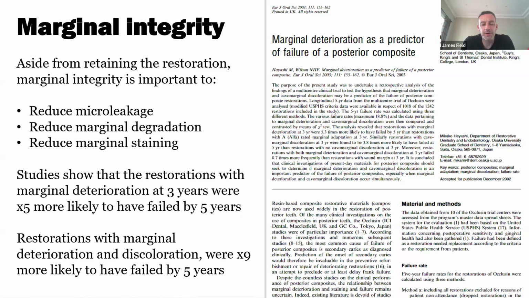But yes, you need a marginal seal. You need to retain the restoration in place. But the degree to which you optimize the marginal integrity is an indicator for so many other things to do with that restoration. Micro leakage, sensitivity, and finally, overall degradation and loss or failure of your restoration.